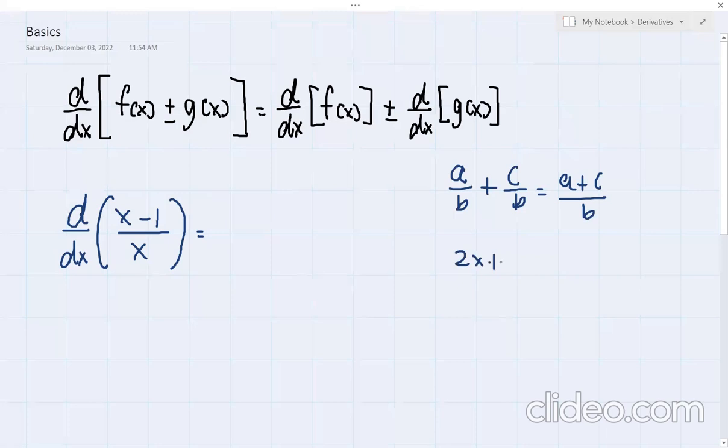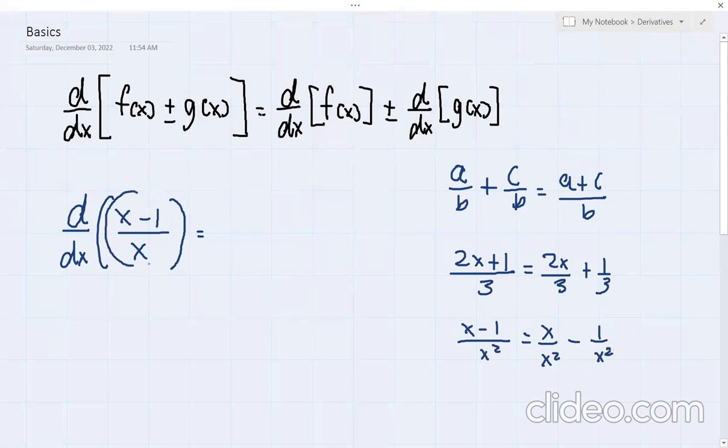Kunwari, 2x plus 1 all over 3. So instead of like this, pwede ako magkaroon ng 2x all over 3 plus 1 all over 3. Okay? Nagigets niyo ako? So instead of x minus 1 all over x squared, meron tayong x all over x squared minus 1 all over x squared. Ayan. Gets niyo ako? So yun ang gagawin natin dito.